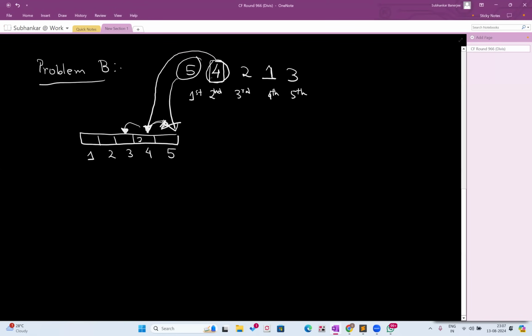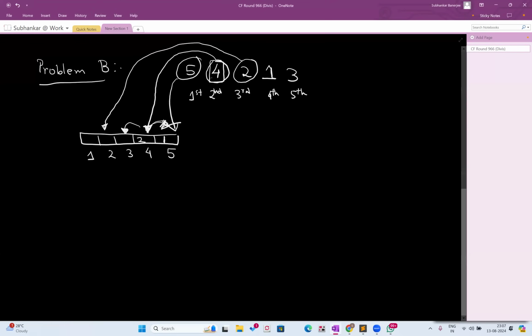So the second person sits here. The first person had already been seated. Now the third person comes in and wants to occupy seat index 2. When he wants to sit in the second seat, I'll see seat number 1 and seat number 3.